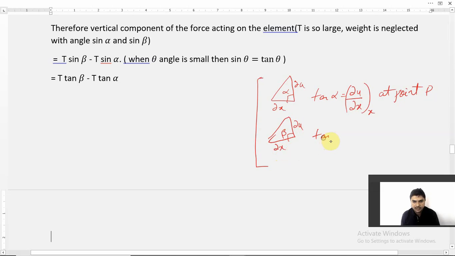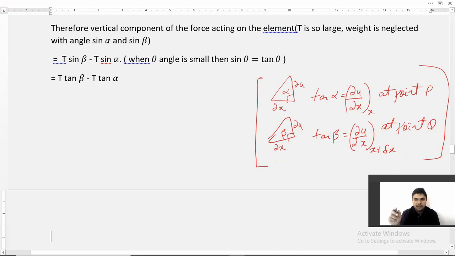Then what will be tan beta? Yes students, it is dou u upon dou x, but here at point Q the displacement is x plus delta x.